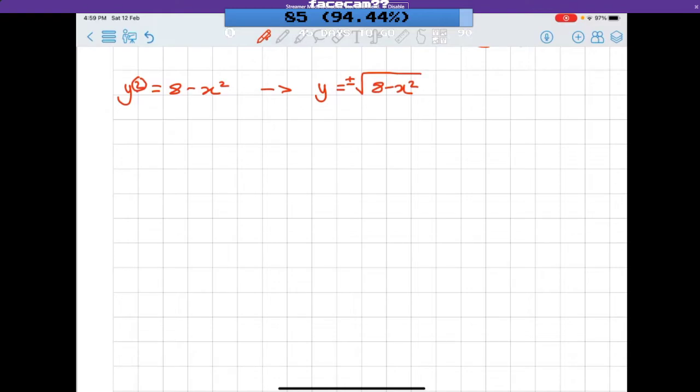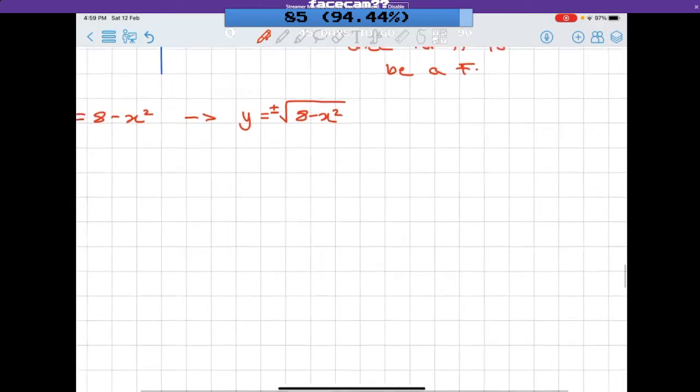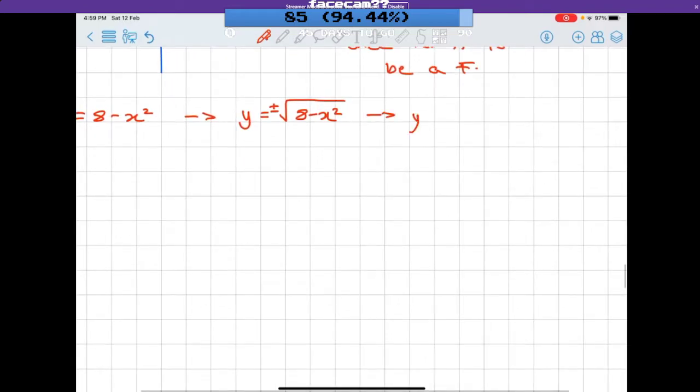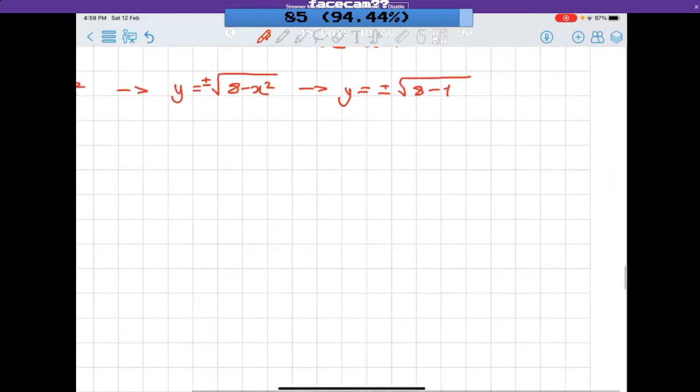So because of that, let's imagine that x is equal to 1. Okay. Minus 1. Which means that we're going to have two possible solutions, a positive or a negative solution.